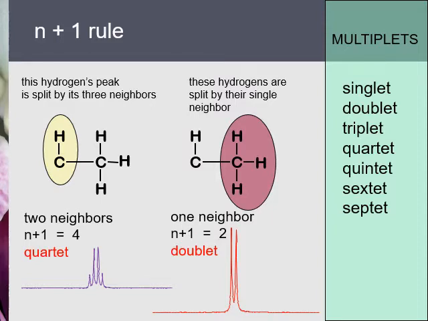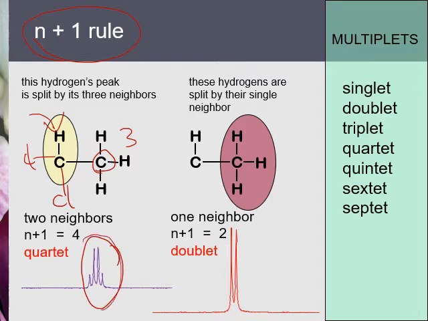Let's first explain the N+1 rule. If we want to know the pattern of this hydrogen connected to chlorine, we look at the neighboring carbon and see how many hydrogens there are. Since here we have 3 hydrogens, according to N+1, 3 plus 1 is 4, and therefore we see a quartet.